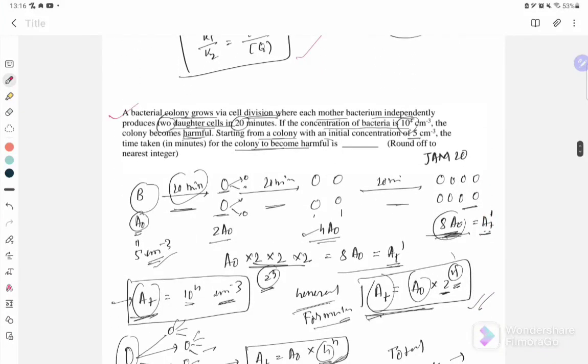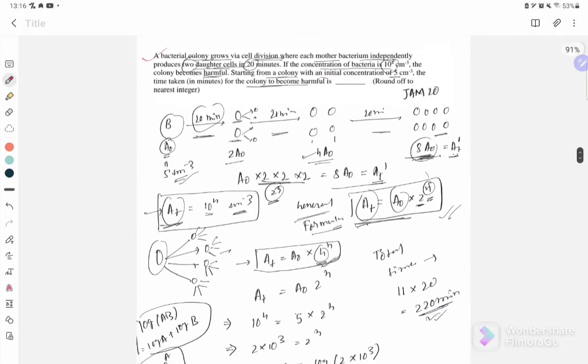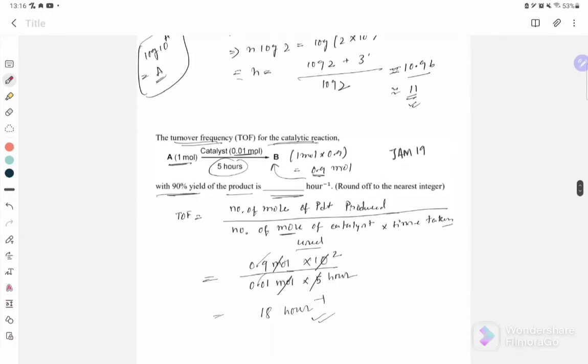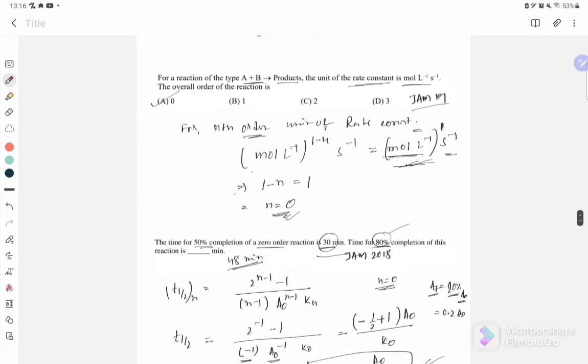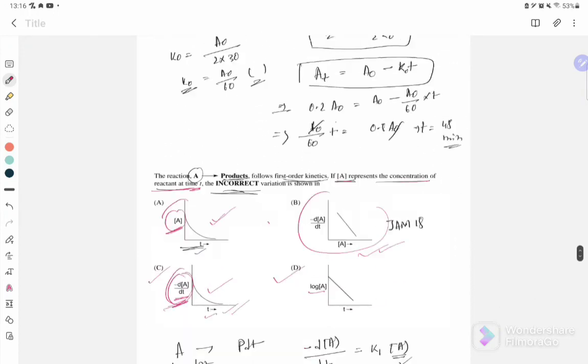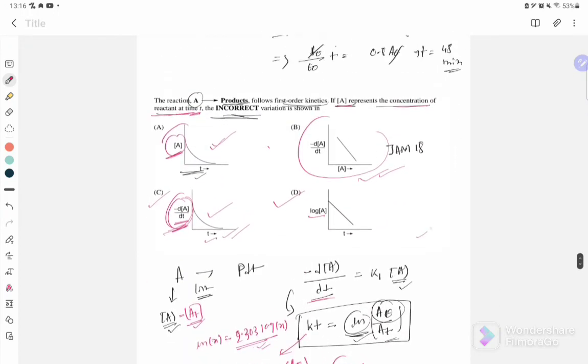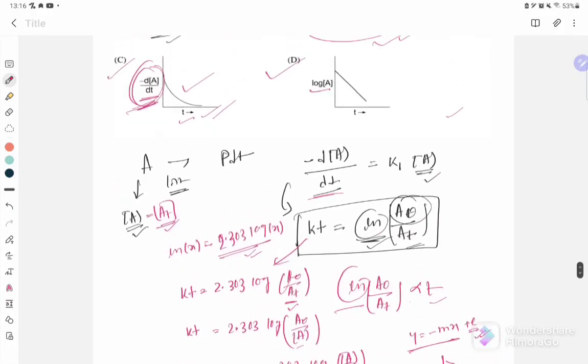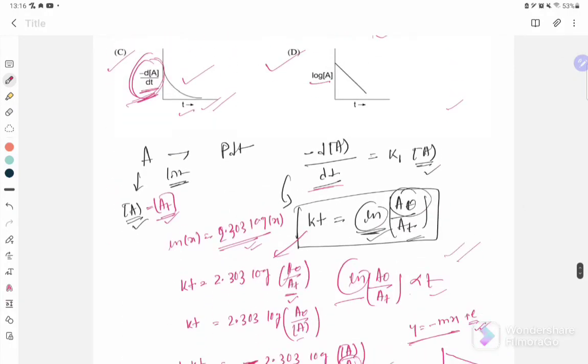Second was a little long, third was a little tricky, but it is easy if you do this. And the fifth one is the turnover frequency, and the other questions are easy. This one is somewhat tricky, but it is also very easy if you know the rate equation for a first order reaction.